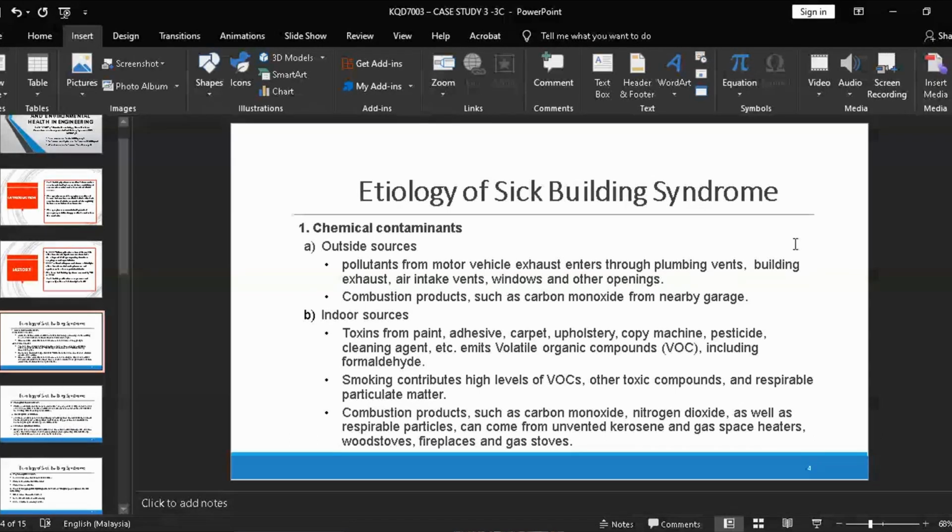Not sure, doctor. Maybe the carpet releases volatile organic compounds, Prof. Yes, the carpet releases volatile organic compounds. I say why? From the chemical used for cleaning the carpet. No. I say why carpet? Why new building? There's more VOC.